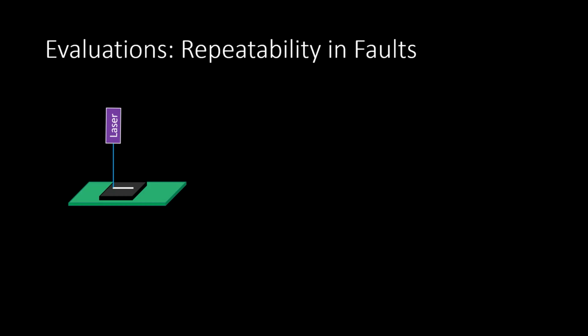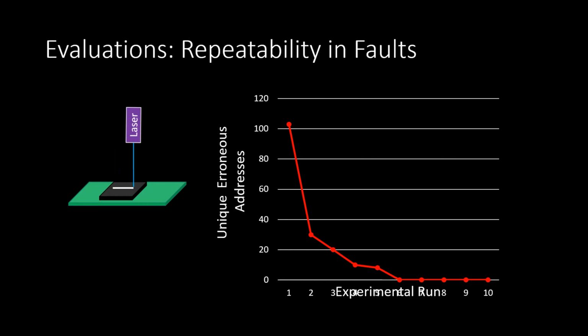This repeatability helps us a lot when we are reverse engineering the internals. So we do this experiment where we draw one line and we repeat this drawing multiple times, right? And what we count is the unique errors or unique erroneous addresses we get with each experiment.